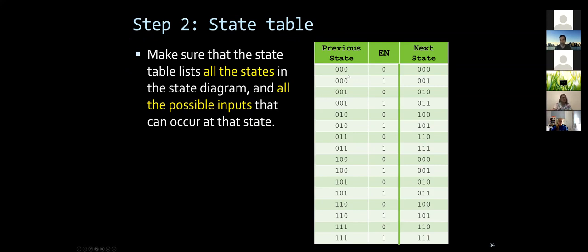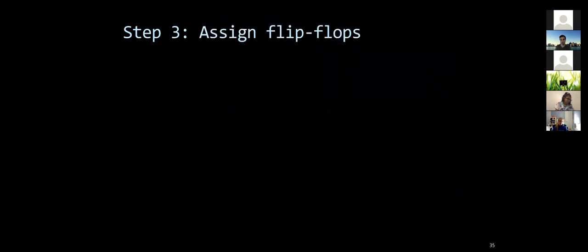You have 8 different states, and there are different inputs. Luckily, the inputs are binary here, just 0 and 1. But this alone gives us 16 different possibilities, right? I want everyone to understand it. For each state, we can have input 0 or 1, and so on. And the output is the next state, right? So that's our output. When we get that, the next step is to get from here to flip-flops.